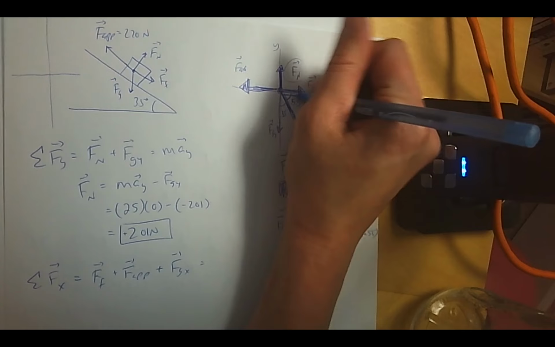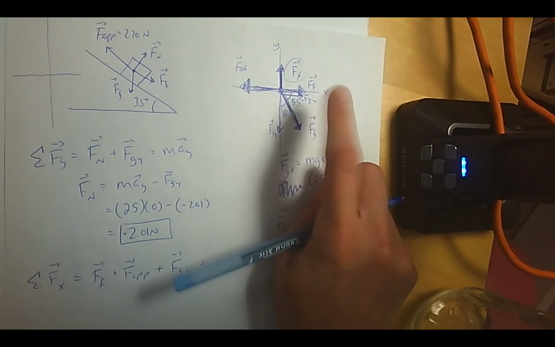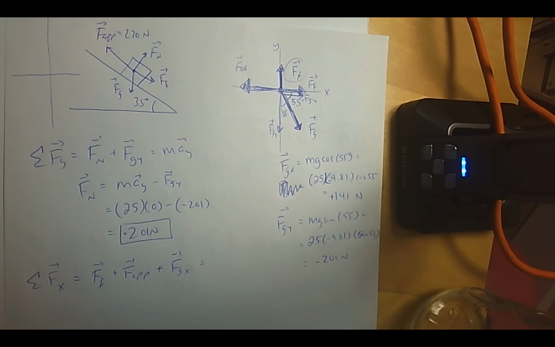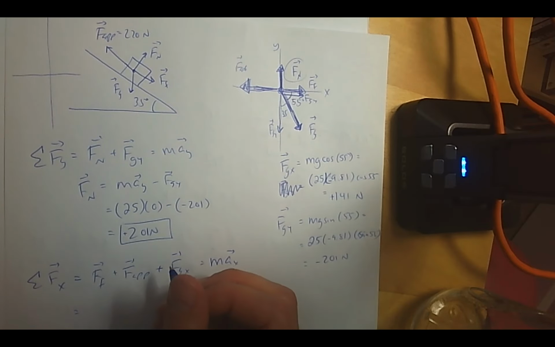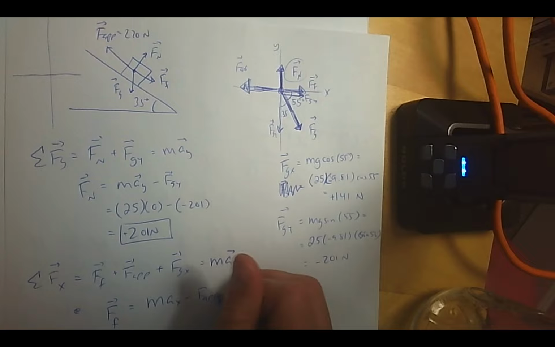Don't forget the x component of gravity, right? That's really important here. That is equal to m a_x. So I'm looking for the force of friction. So my force of friction is equal to m a_x minus my applied force plus the force gravity in the x.